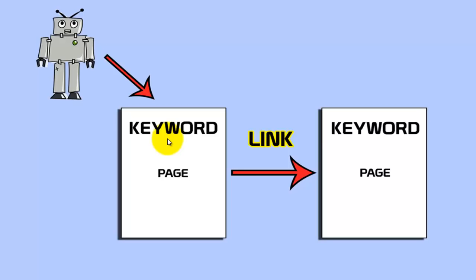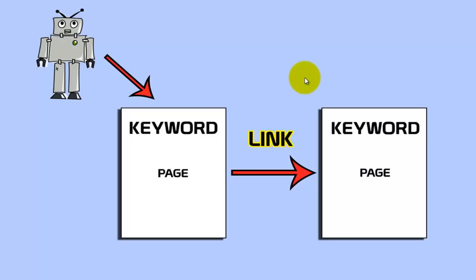Afterwards, what happens is they follow the links that you have inside of that website page. Many times this may be a link to another website page that you have inside of your site. Or for example, if in that website page you have a link to a Wikipedia page, the robot will follow that link, go to that Wikipedia page and perform the same action of analyzing that page content and seeing exactly what it talks about.